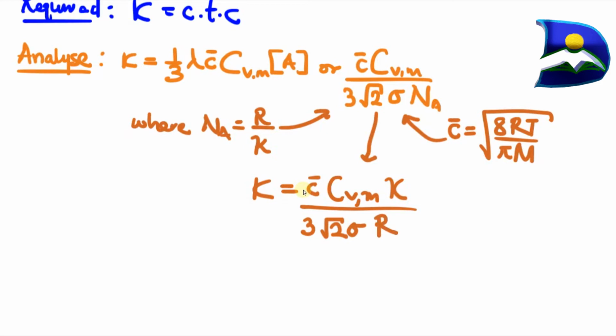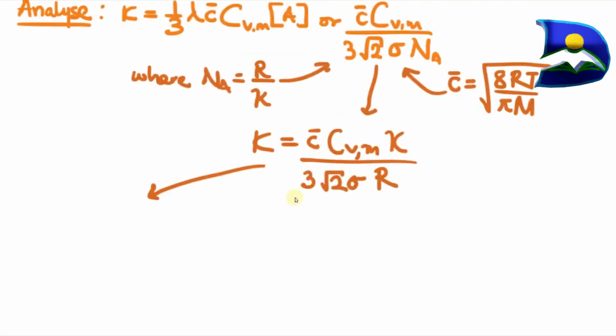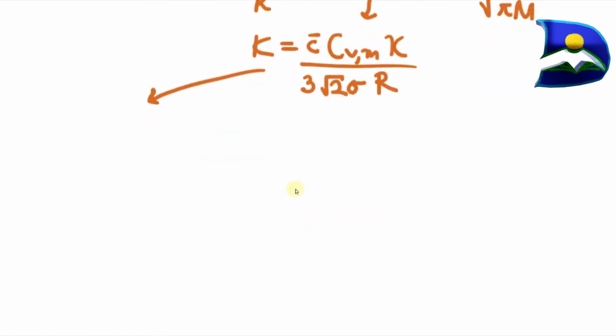Once we have this, the final step is to replace our mean speed with this equation, and what we have now is a new equation that we're going to put our givens in.